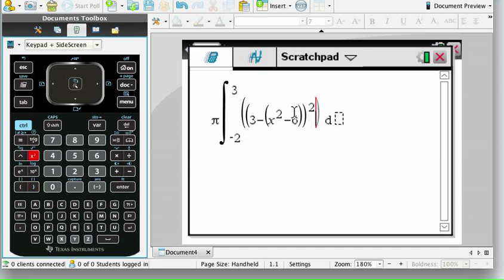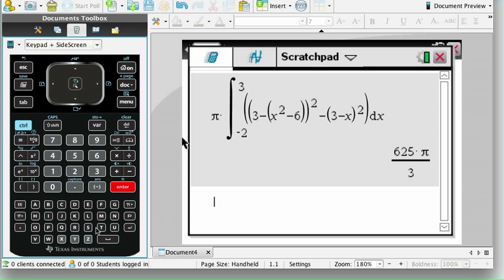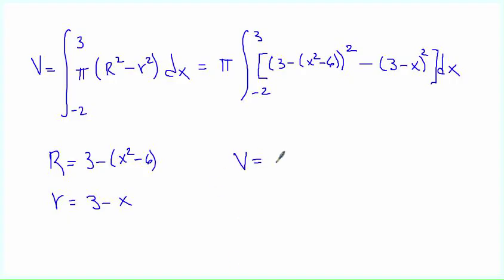Okay, I'm squaring 3 minus the parenthesis minus another parenthesis 3 minus x. I'm closing here and I am squaring there, and I close the next parenthesis, and I'm talking about x. So the answer here is 625 pi thirds. Okay, that's my answer. So the volume is 625 pi thirds. Okay, this was using the disk method.